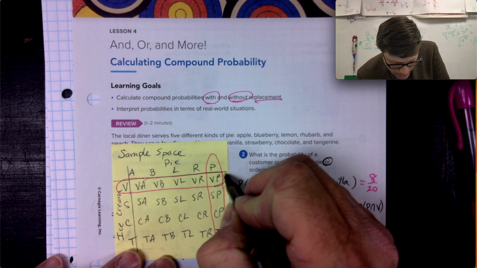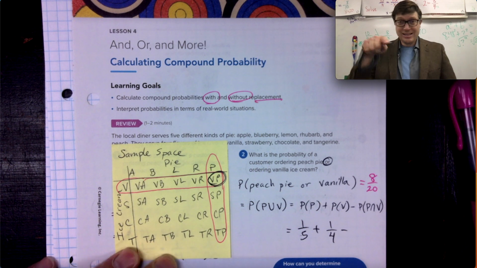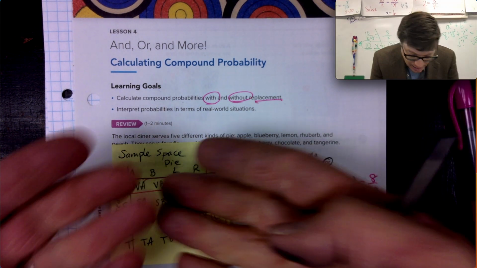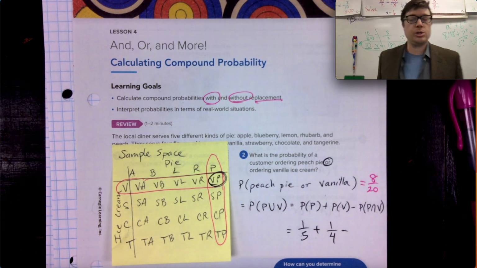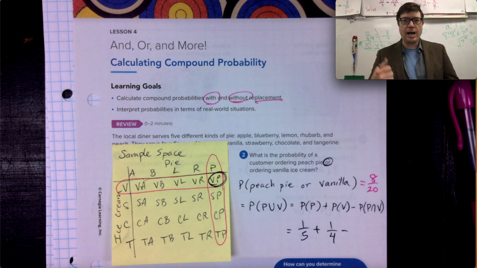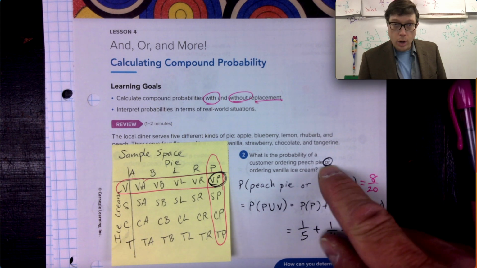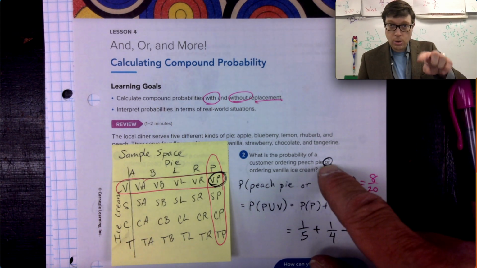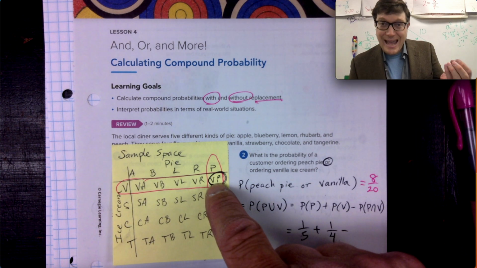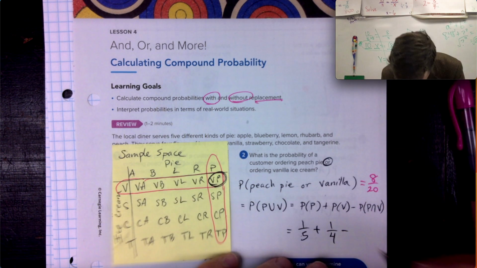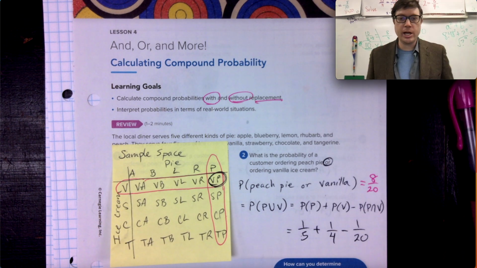And so this right here is the only scenario in the entire list of the sample space that is both vanilla and peach, vanilla ice cream and peach pie. Because of the word or, that's our math operation, this one, which represents and, needs to be removed. It's only 1 out of 20.